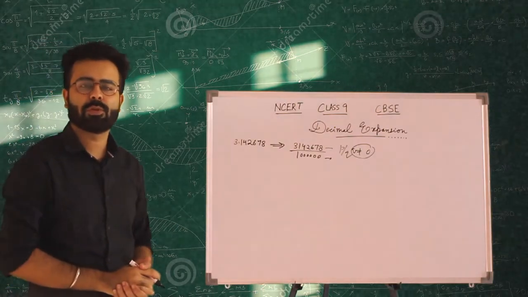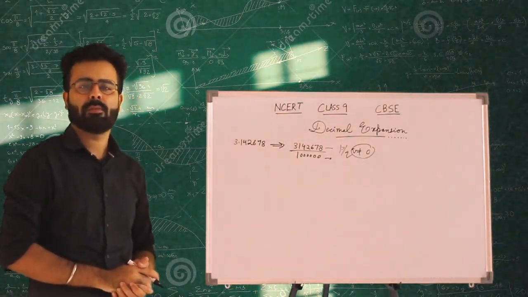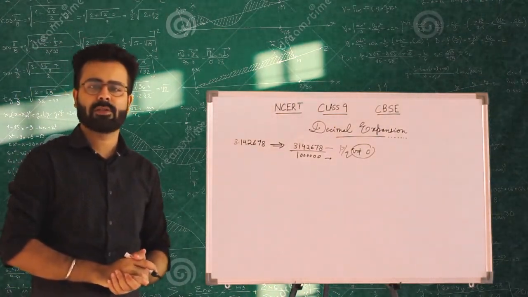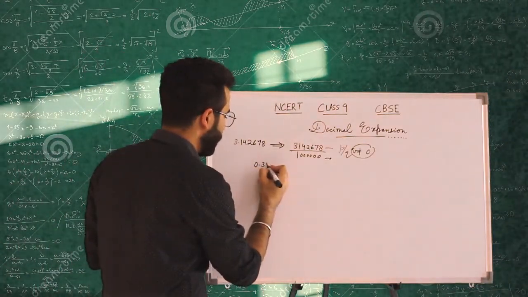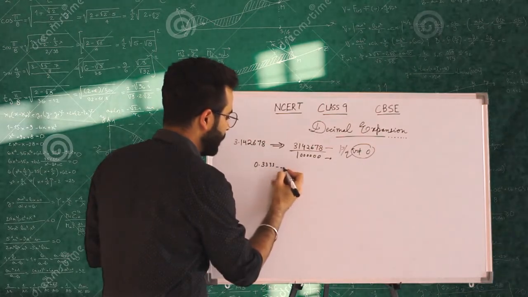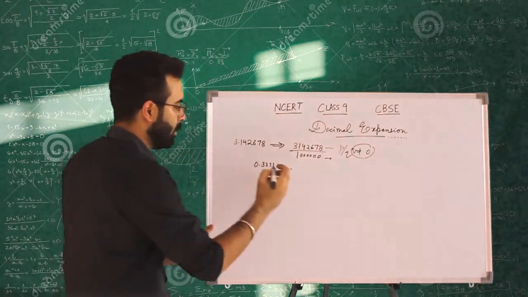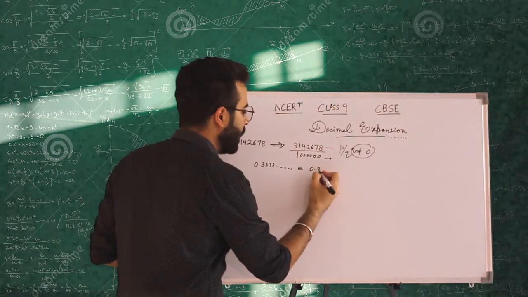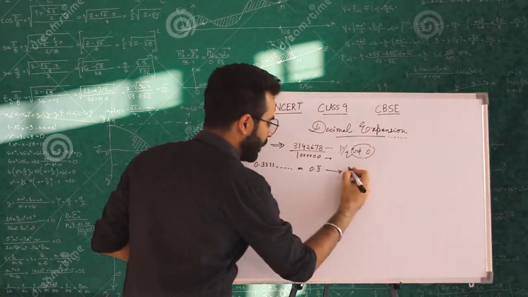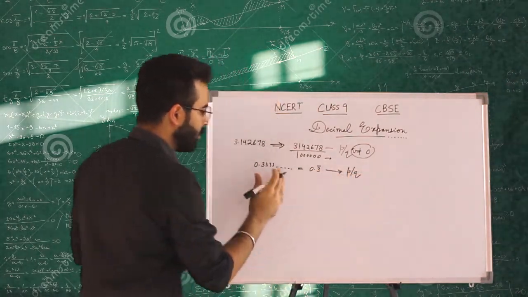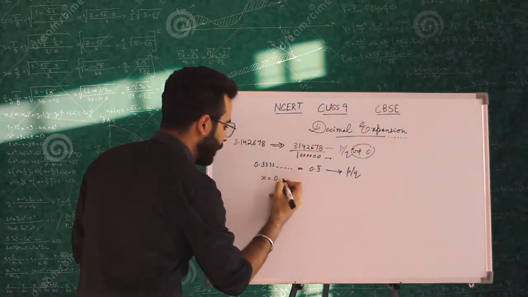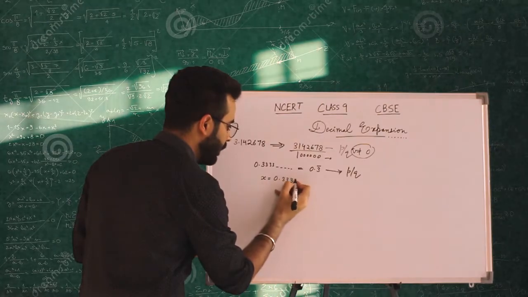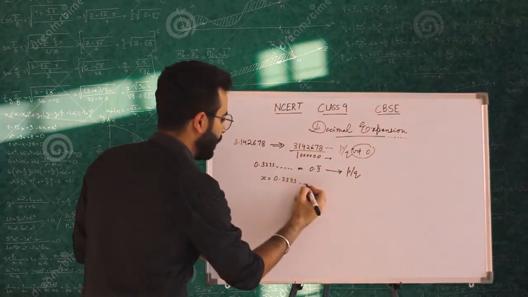The next question is, show that 0.333, which means 0.3 bar, can be expressed in the form p by q. This is a non-terminating recurring decimal. So now see this carefully. We'll assume that x is 0.3333 up till infinite.